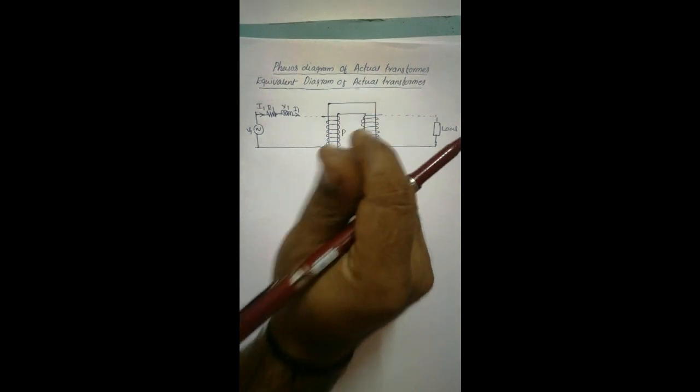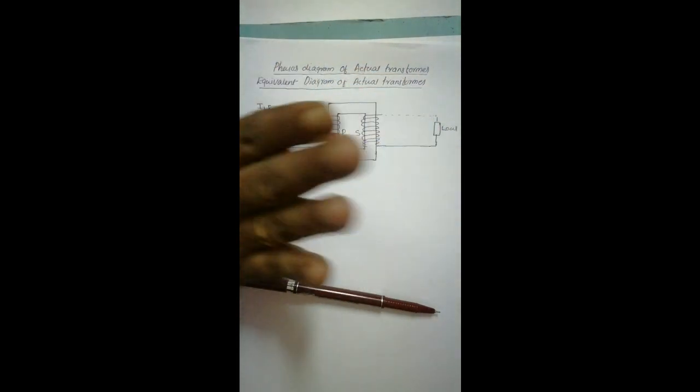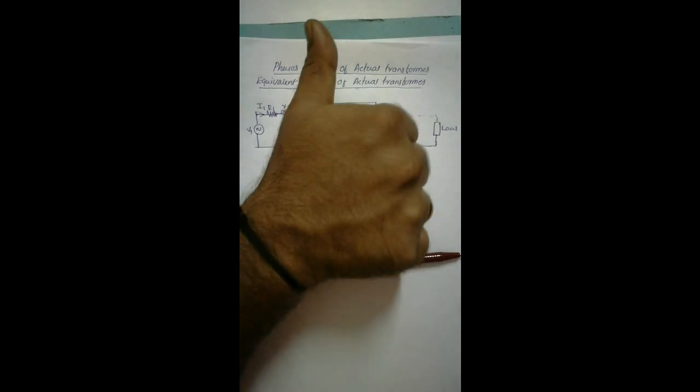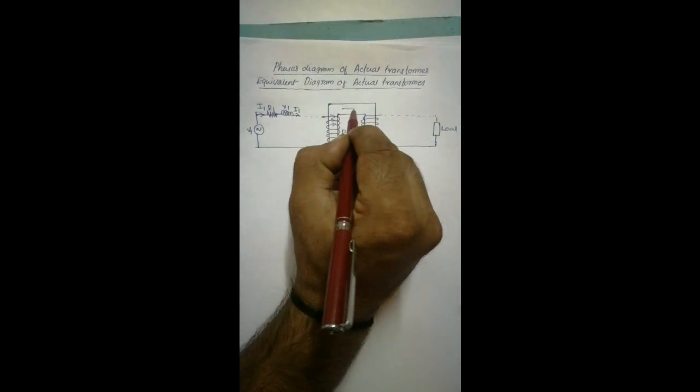Now this I1 current passes through the coil. As per the thumb rule, if a current passes through the coil like this, a flux will be generated in the direction of the thumb, that is, in this direction.